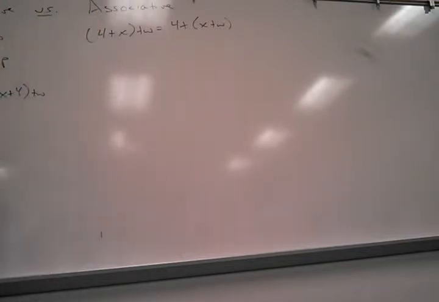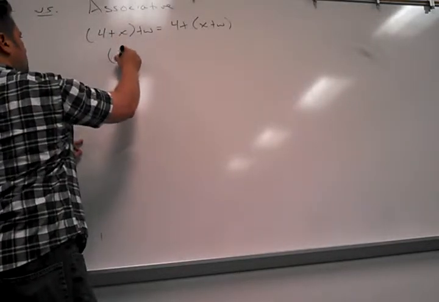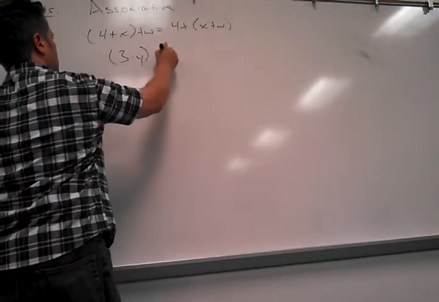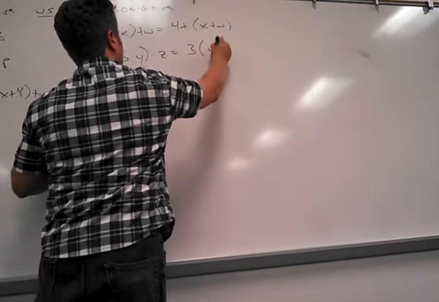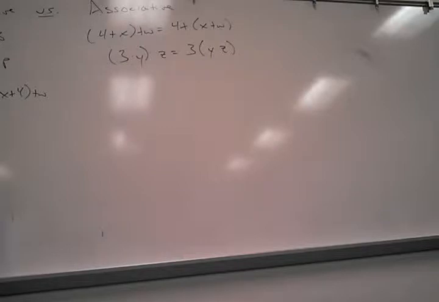Individual things commute, like we all commuted to school today. Commute, as in commuting to work, commuting to school. You guys with me? A little bit? The other one is wherever the parentheses get up and move. 3 times y times z is 3 times y times z. The parentheses got up and moved, so that would be associativity.